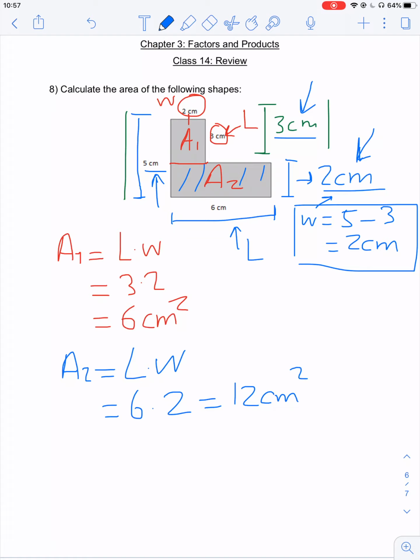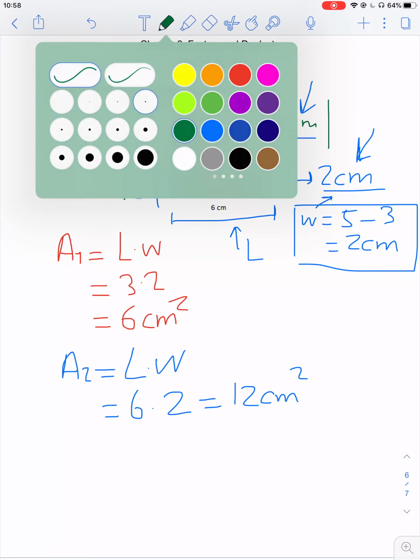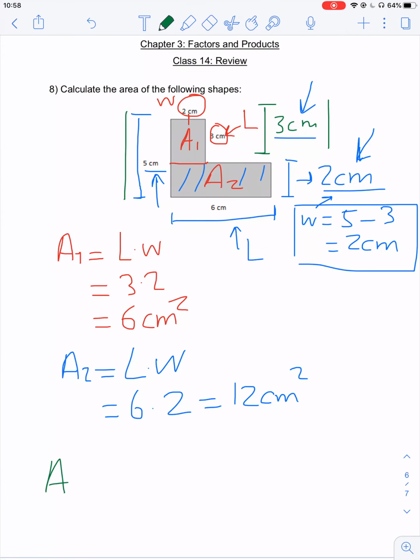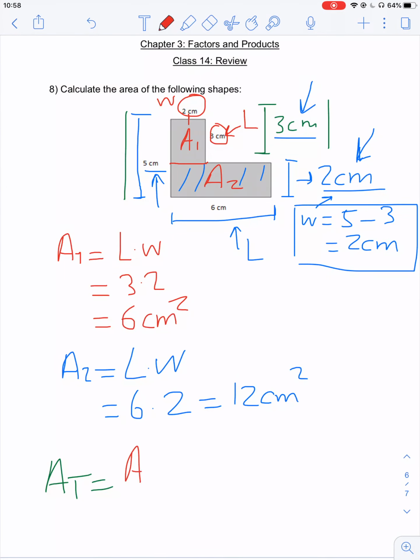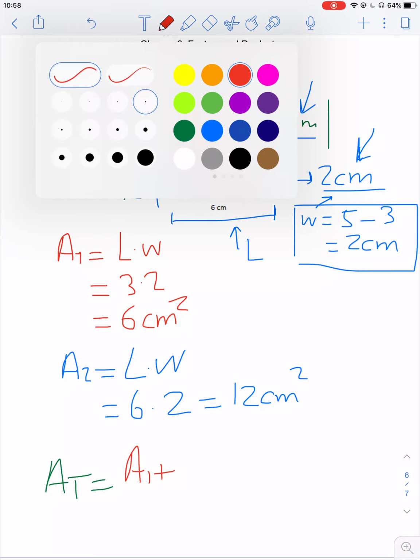And then finally, the total area. You can call that AT for total area, which is just equal to A1, in red, plus A2, in blue.